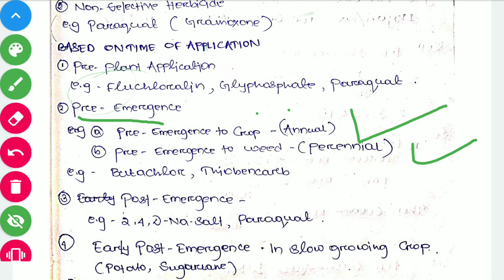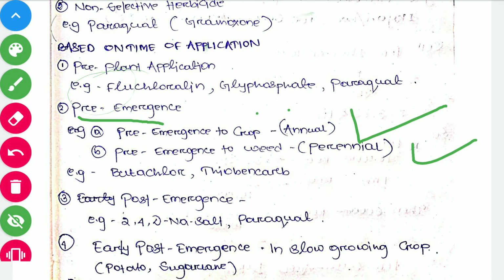But in a plantation crop, that is a perennial crop, like in an orchard, we can take the example of a mango tree. In rainy season, after a flash of rain, there may be chances of weeds growing in the vicinity of the plant. So, after a flash of rain, we will go for application of herbicide, but before the emergence of the weeds.